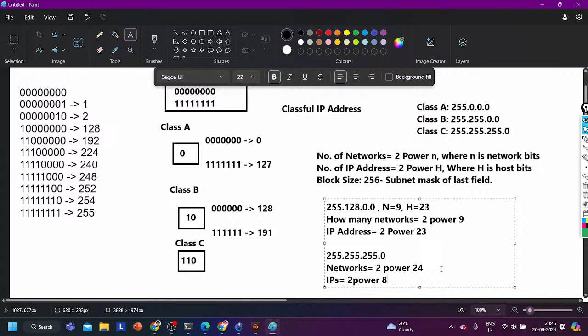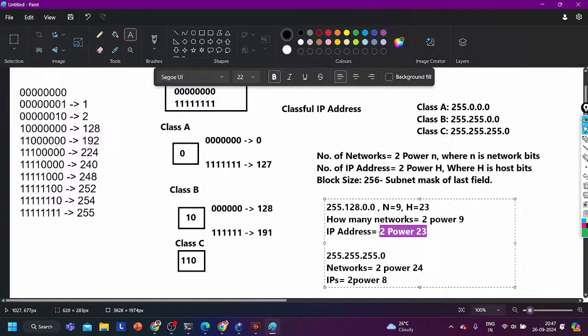So you can see, when we have more host bits, then we have more IP addresses. Or you can say, when we have fewer network bits, then we have more IP addresses. So from where am I getting IP addresses?